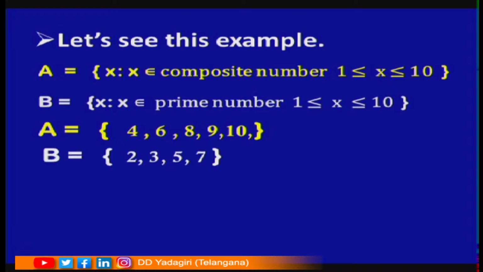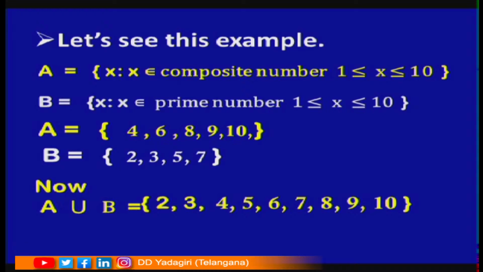So, B, the prime numbers less than or equal to 10, is {2, 3, 5, 7}. Now, A union B: can you guess? Just combine the elements: 2, 3, 4, 5, 6, 7, 8, 9, 10.